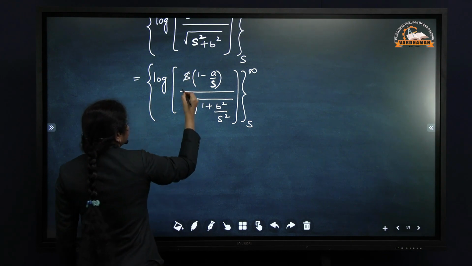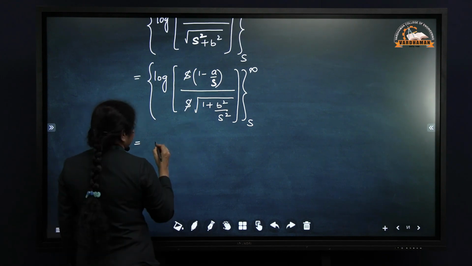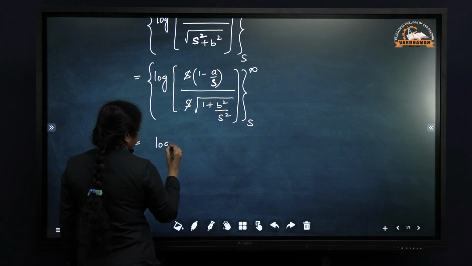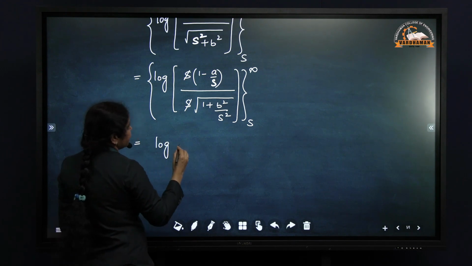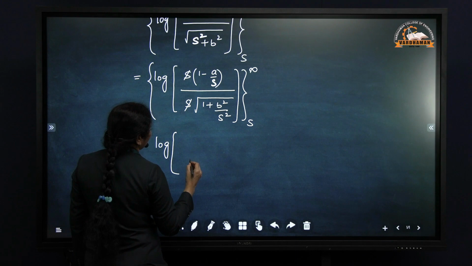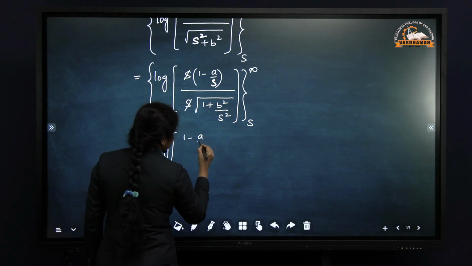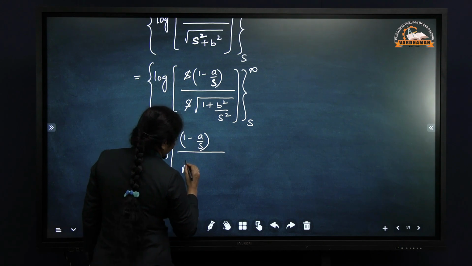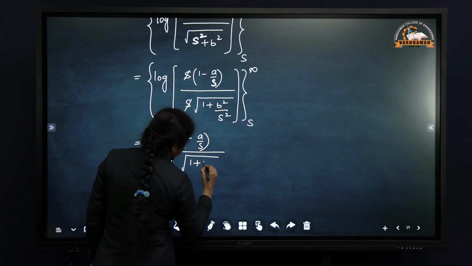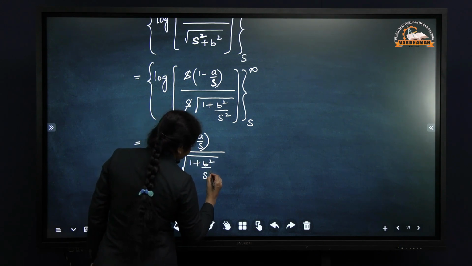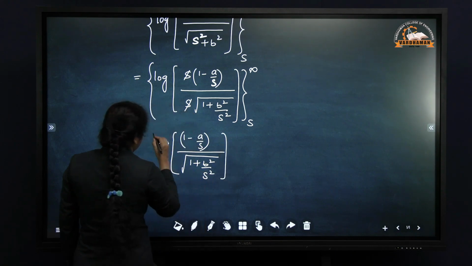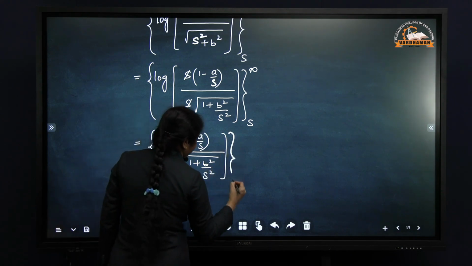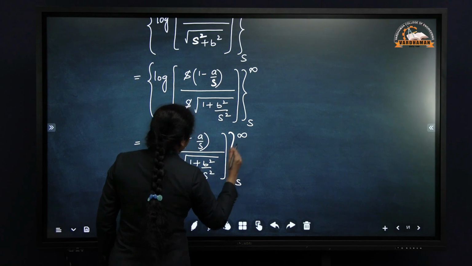Now by cancelling s we get the result as log of 1 minus a by s divided by root over 1 plus b square by s square, where the limits are from s to infinity.